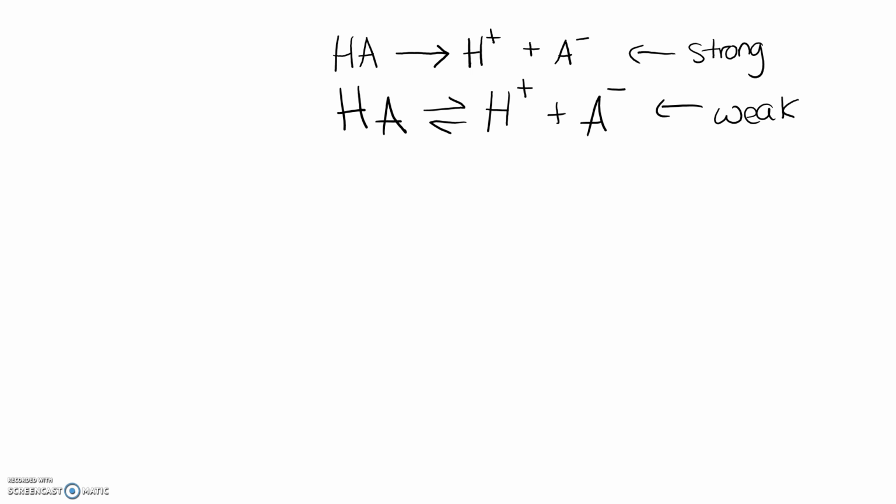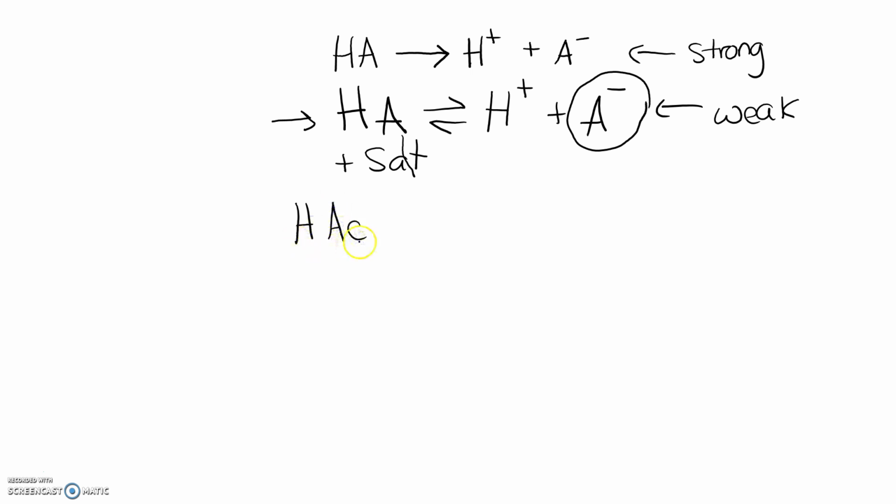Okay, so the goal to making a buffer solution is that I want a weak acid, one of these, and then I want a salt that contains the conjugate base of the weak acid. So for example, if I'm talking about acetic acid, I'm just going to abbreviate it HAc.